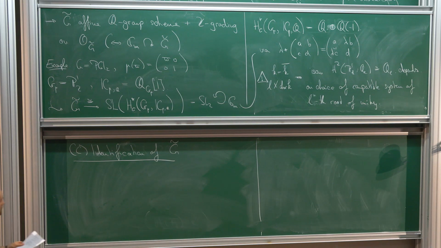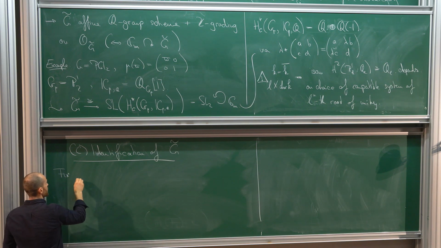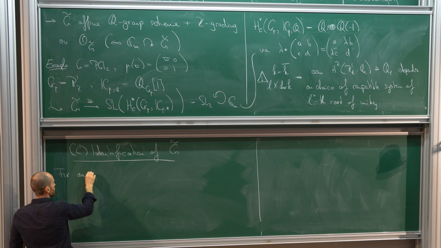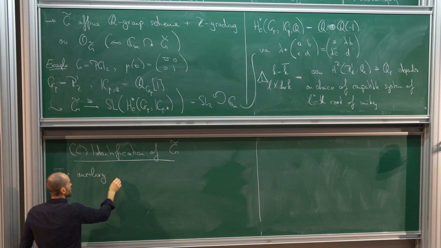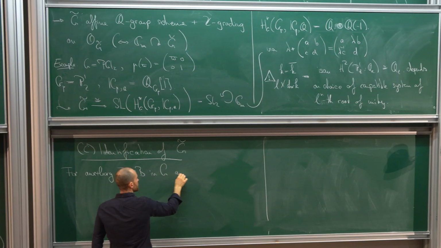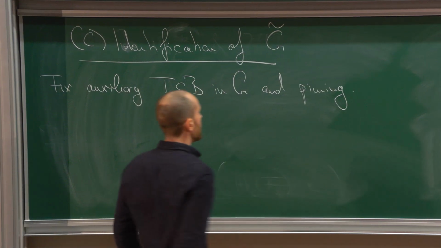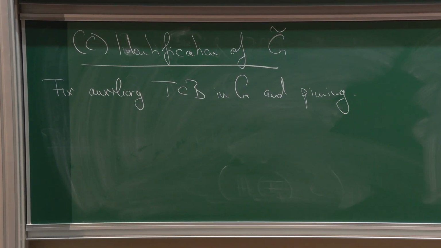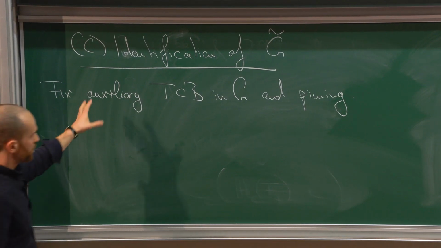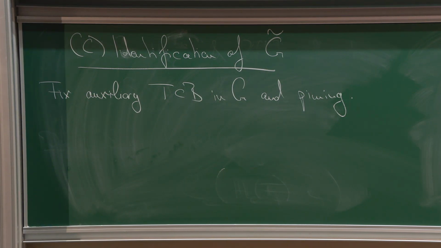To talk about the identification of that G tilde, it is useful to fix some auxiliary T and B in G and a pinning. And then in the last step, one would show that what we did does not depend on that choice.